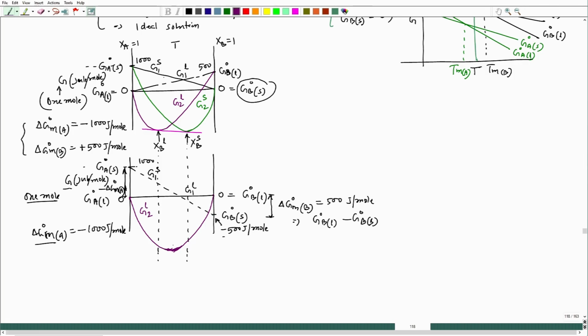Okay. So, G2 solid, if I have to draw, a little fine, and if you draw a common tangent, the common tangent will pass through these 2 points.